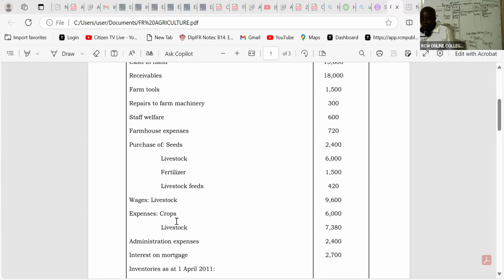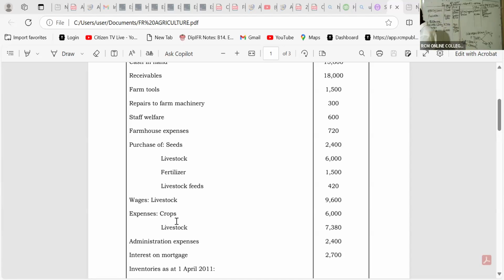So these are what we call common expenses, what in management accounting you call overheads. Those cannot come to revenue accounts, because in revenue accounts we normally take expenses that are crop specific or livestock specific. Interest on mortgage cannot be charged to crops.